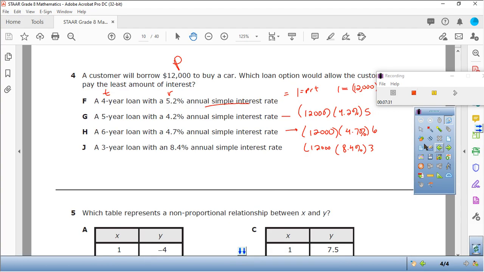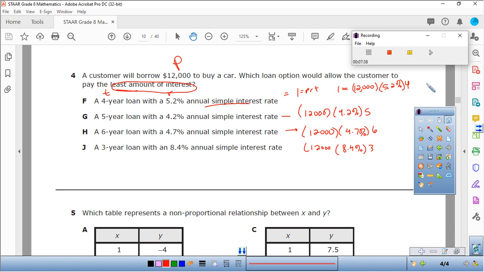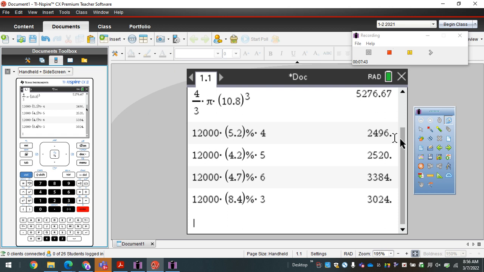The question was asking which one has the least amount of interest. They made us do all of these, even though this one gave us the best answer. That's the way it goes. That one is 12,000 at 5.2% for only 4 years. I think that looks good.